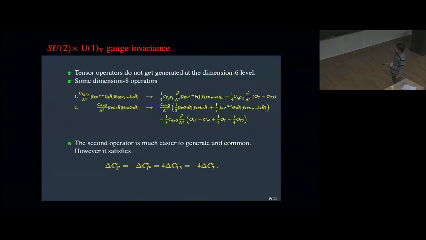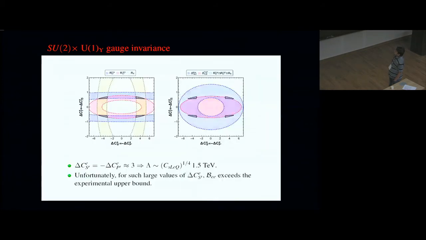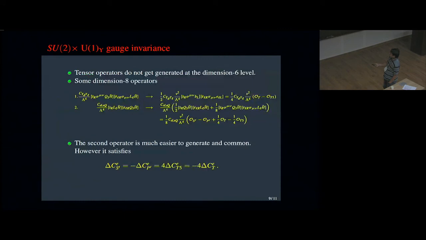Considering this relation, we scan this, and you can see that now the black region is around 3 for CS and CP prime, whereas for the tensor case it is 1. So they all approximately satisfy this relation.